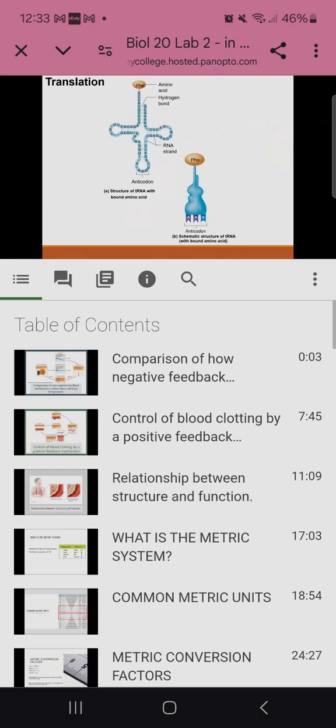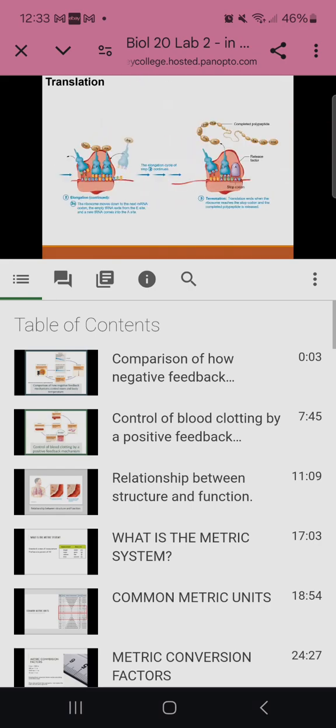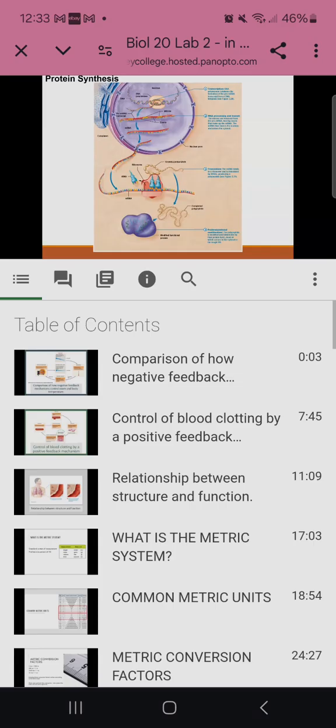Okay, so since we're all comfortable with this information, this is a summary of everything we talked about. This is a big image of what we talked about, okay? You can see we're inside of the cell. Up there, that big circle is the nucleus.